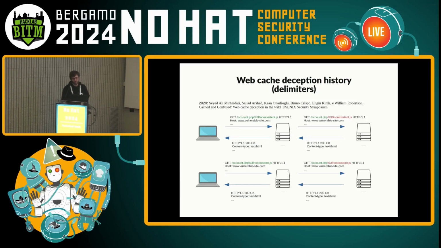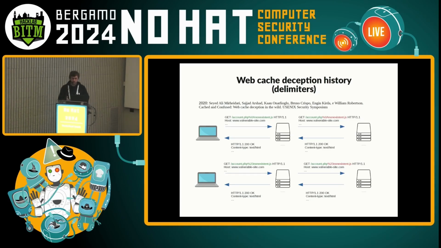In this case, for example, the encoded semicolon character %3b, or the same thing with the encoded question mark character. Also, carriage return line feed character works well, and of course even the encoded fragment identifier, the encoded hash character.